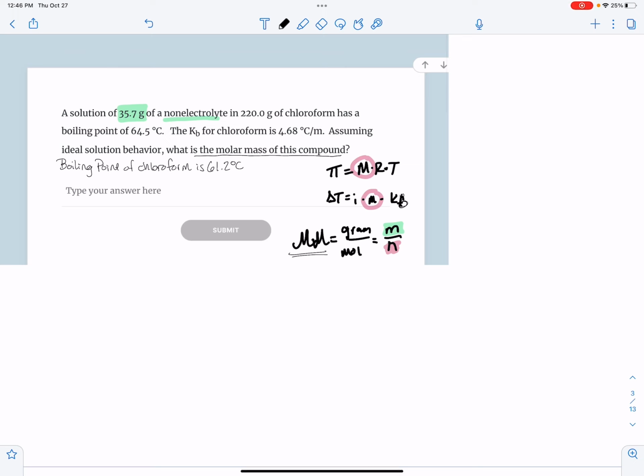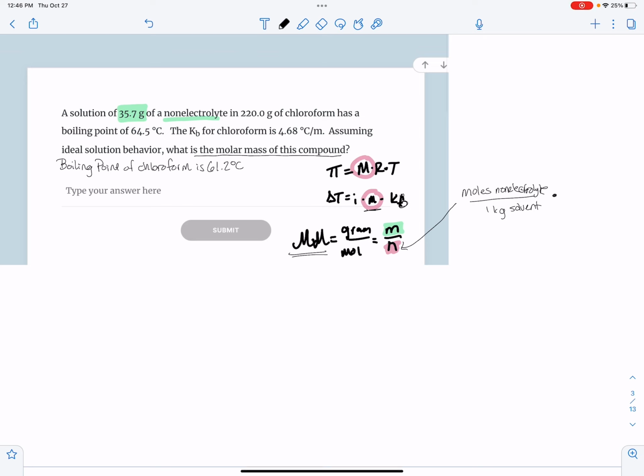The way we get from the little m, which is molality, is by knowing that that's moles of that non-electrolyte over 1 kilogram of solvent. We still have to get it to just moles to be able to stick it in. When we get done with this equation, it'll be tied to kilograms of solvent, and you don't want that.